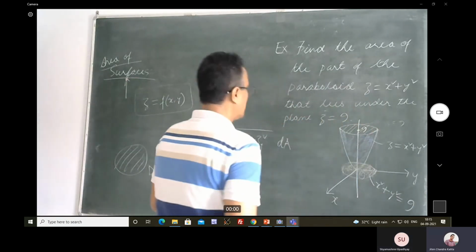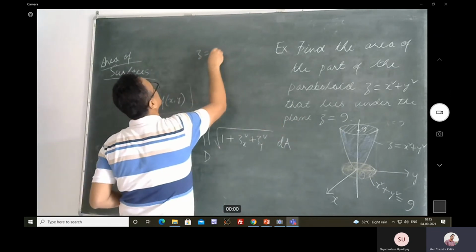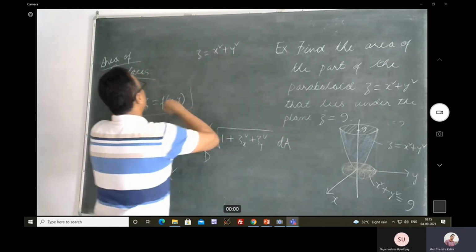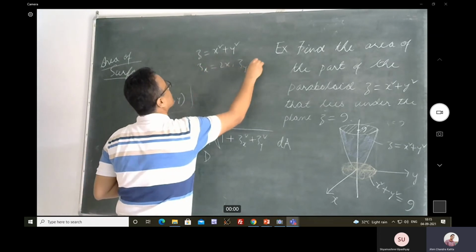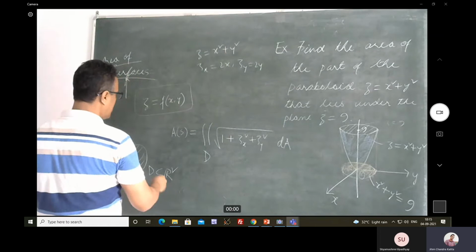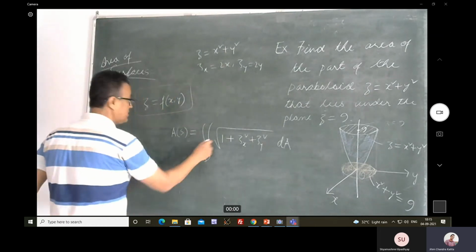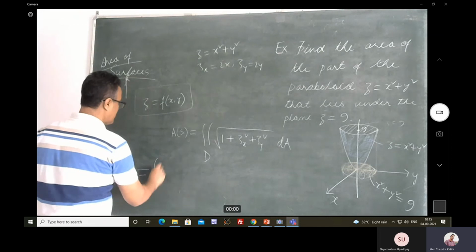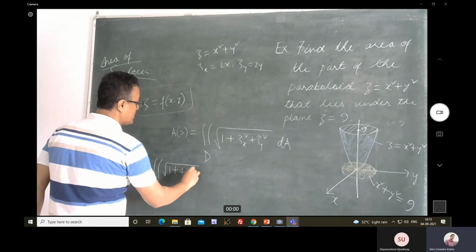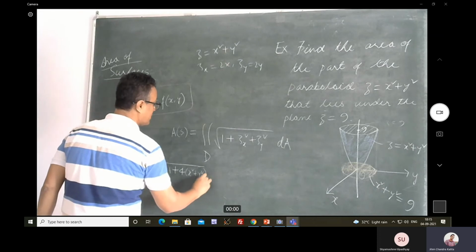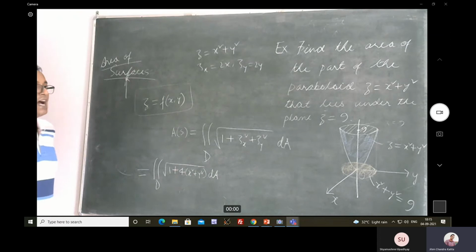Now basically what we have been given is z equal to x squared plus y squared. So you know that z_x equal to 2x and z_y equal to 2y. Then to find the surface area from this formula, this is simply going to give me the integral of the square root of 1 plus 4 times x squared plus y squared dA.